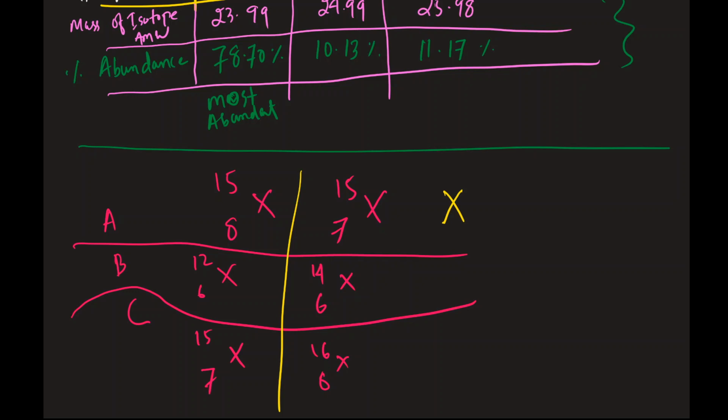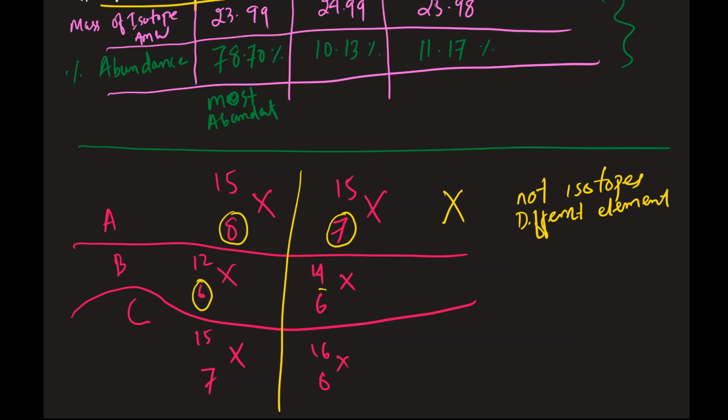Definitely this one cannot be isotopes, because these two have different protons. Those two are not isotopes. They are different elements. To be isotopes, they have to be from the same element. How about this one? The same atomic number, but they have different mass numbers. So these two are isotopes of each other.